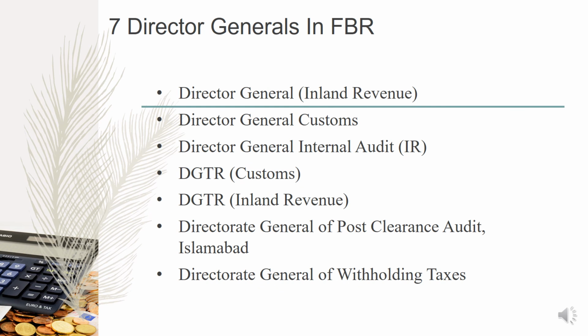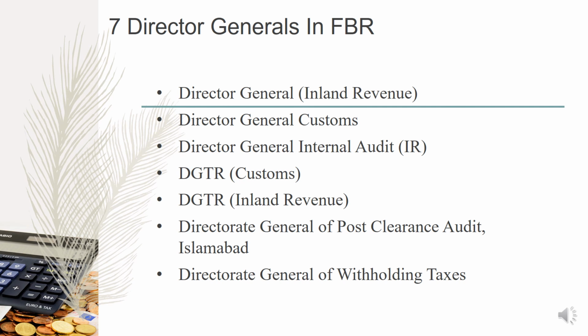Okay, so the seven Director Generals of FBR, which are part of this hierarchy, this organizational chart, include Director General Income Tax, Director General Customs, Director General Internal Audit, Director General TR Customs, Director General Inland Revenue, Directorate General of Post Clearance Audit Islamabad, and Director General of Withholding Taxes.